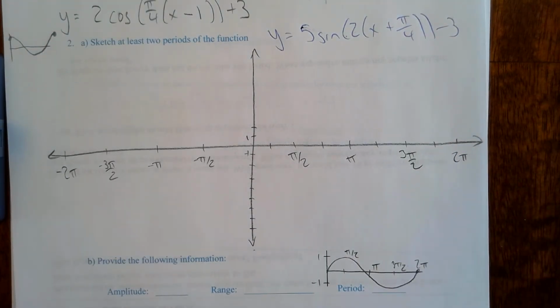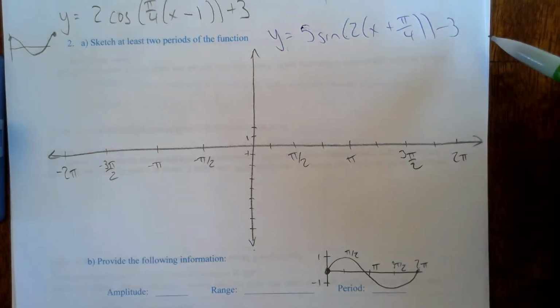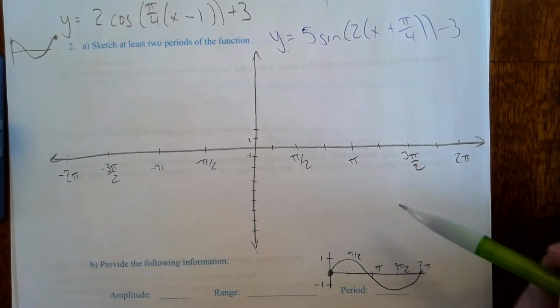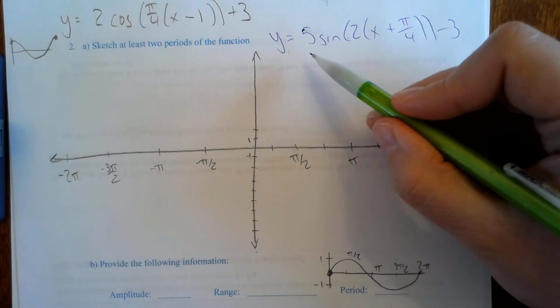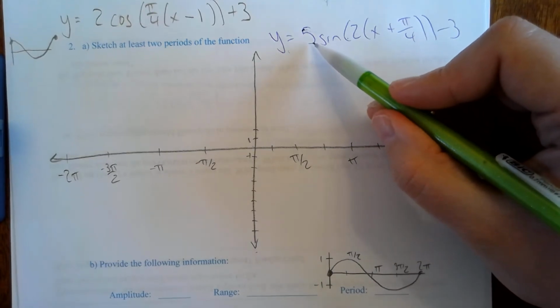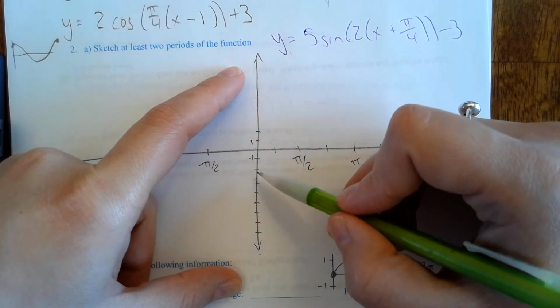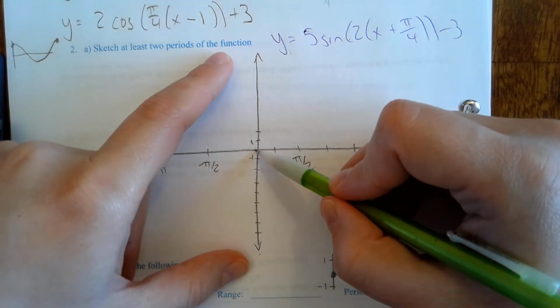So let's start with this first point at the origin, and let's work our way through all of these different transformations. So let's start at 0, 0. First things first, it's going to be stretched vertically by 5. So 0 times 5, well, that's still 0.